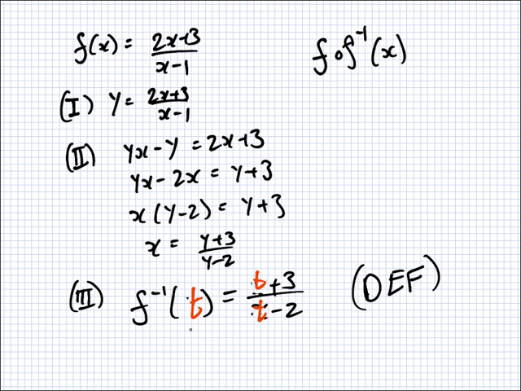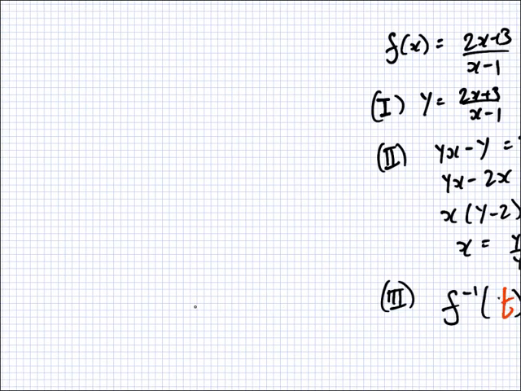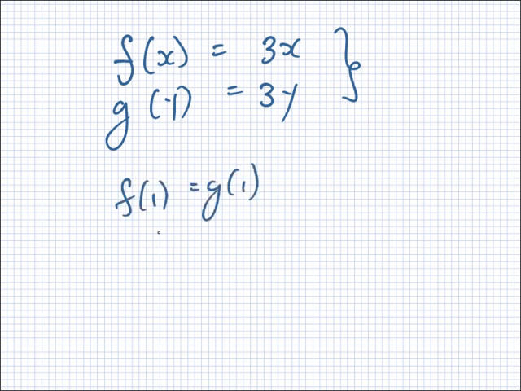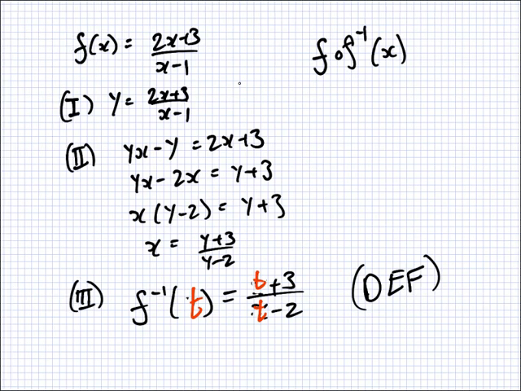Why use 3 steps? Here 3x, here 3y, are they the same or different? They're the same, because f1 equals g1, f2 equals g2. The letter is not important.